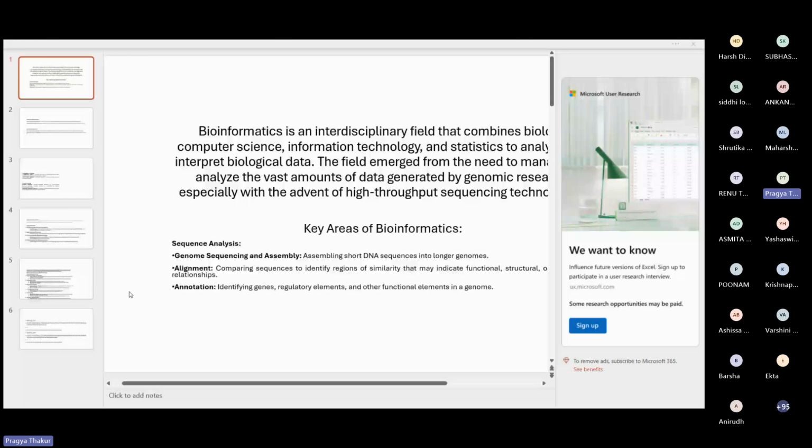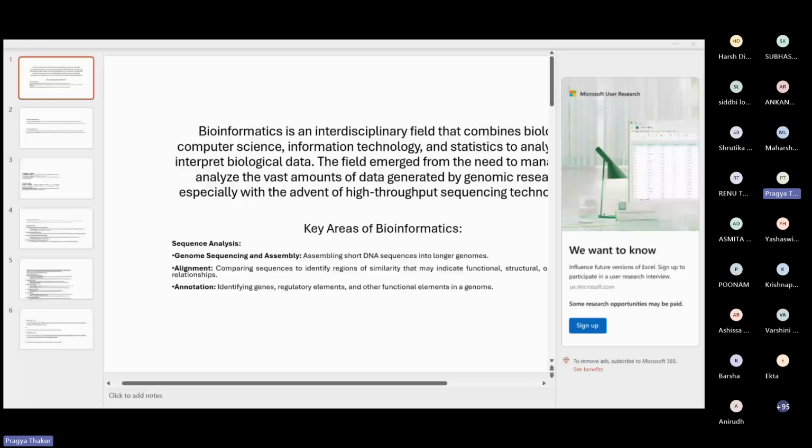It is assembling short DNA sequences into longer genomes. So in sequence analysis, the first point is genome sequencing and assembly. You will ask, what is the purpose of assembling these short DNA sequences into longer genomes? Of course, the purpose is that we need to analyze that data.